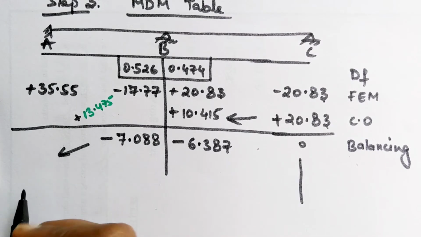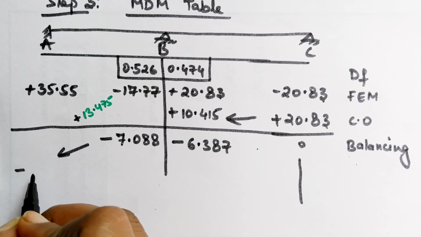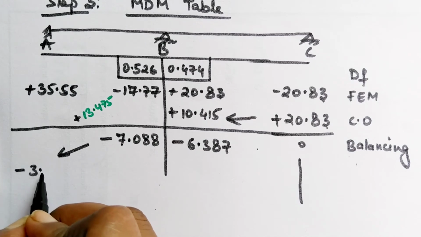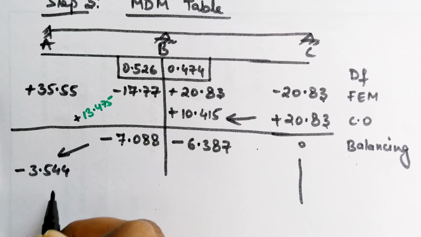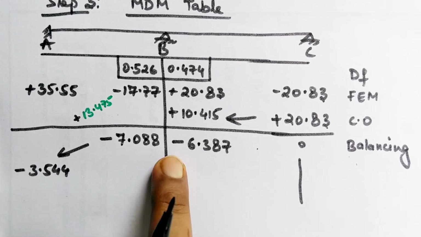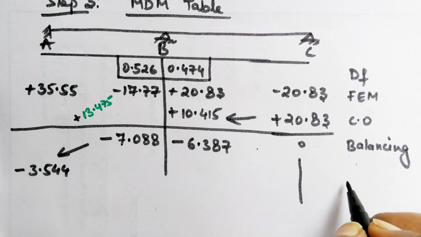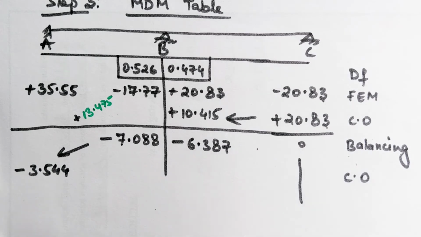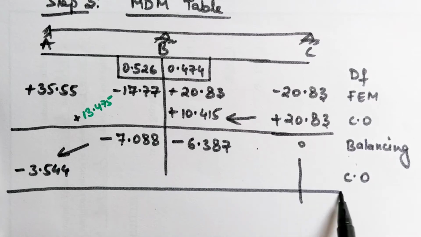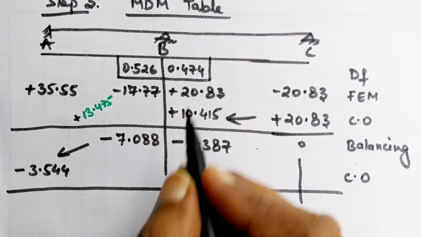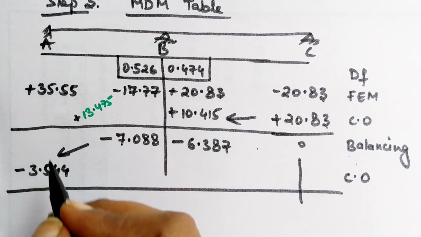Half with the sign moment will come to the A joint, because this is a fixed end. Fixed end moments, it will only receive, it will not give back anything. So this one and this one, this is your carryover. Now I am putting a line, and now I'll be summing up all the moments. We have to just sum up all the moments.